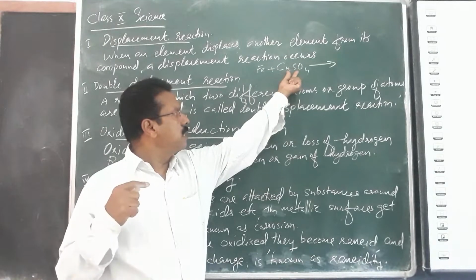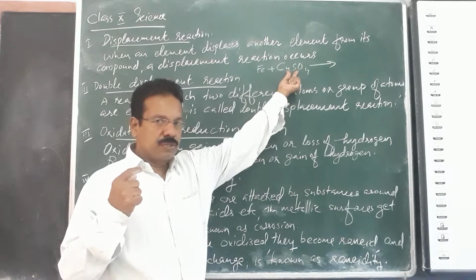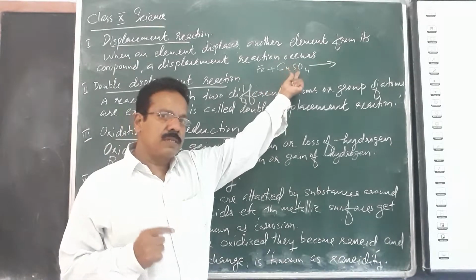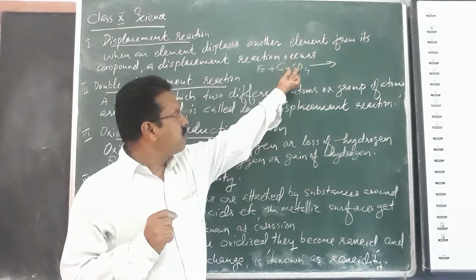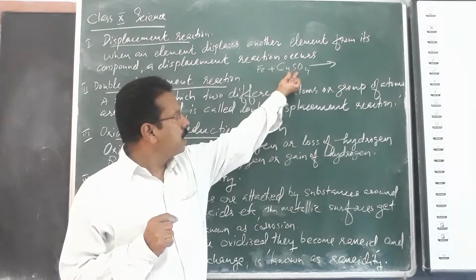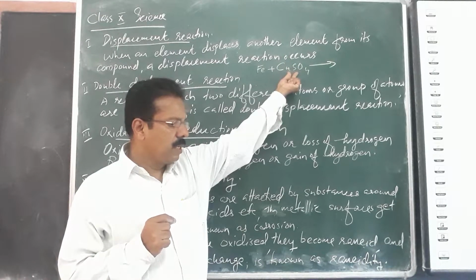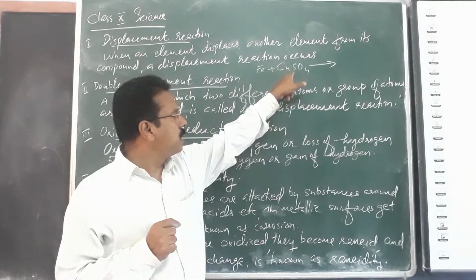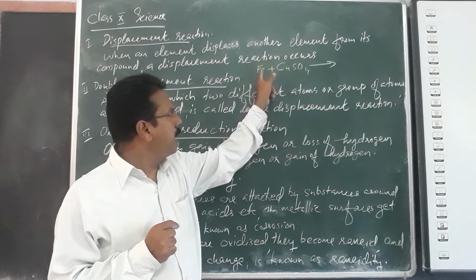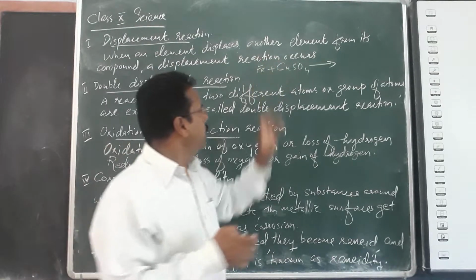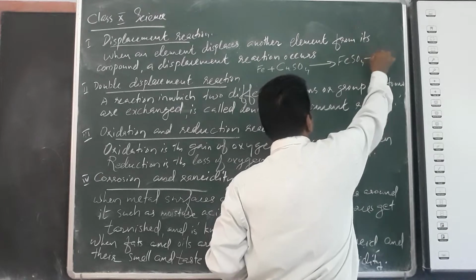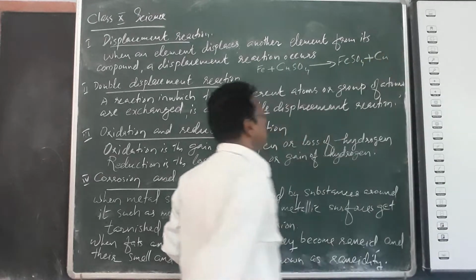In the previous class I showed that copper sulfate crystals are blue in color. Copper sulfate crystals dissolve in water, then you get a copper sulfate solution. In that solution, we dip an iron piece and you will get iron sulfate, FeSO4, plus copper metal.